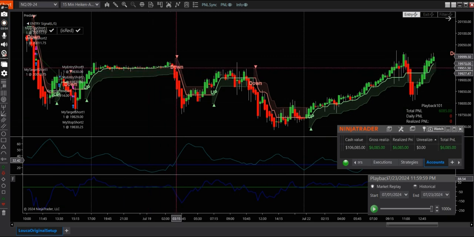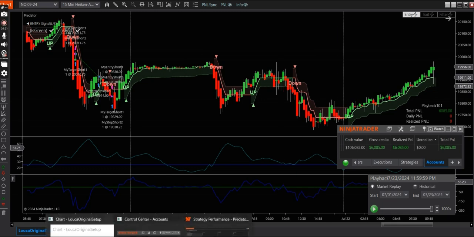Maybe it's waiting for confirmation, maybe it's waiting for the bar to close before it prints a definitive confirmation signal. I'm not sure if that is the problem for why it doesn't print, because once the candle closes, then it prints. Sometimes I see it print and then disappear. So that's what I did notice.